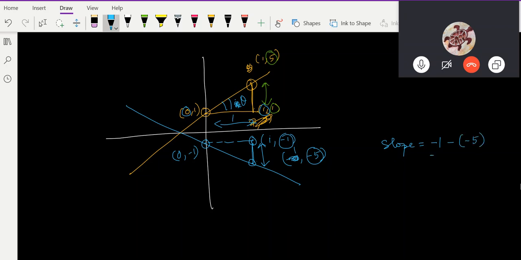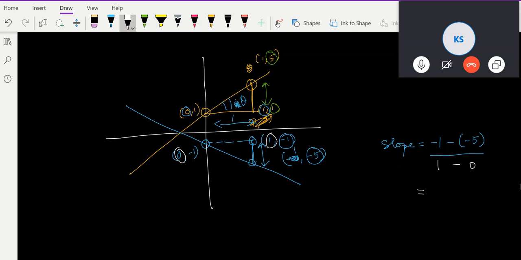And divided by 1 minus 0. Is it correct? It would be 0 minus 1. Exactly. Why is it 0 minus 1?